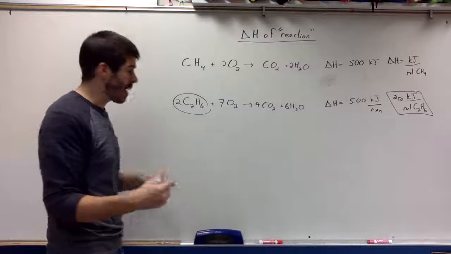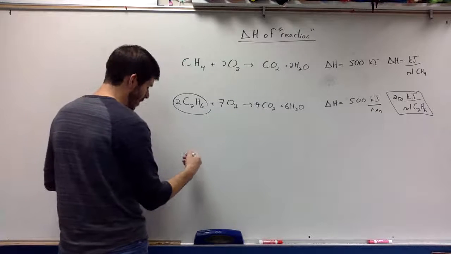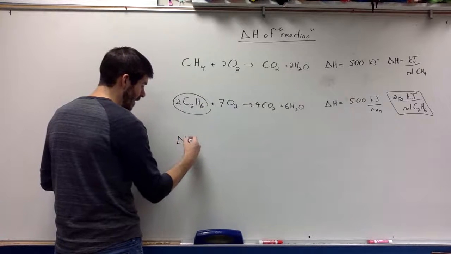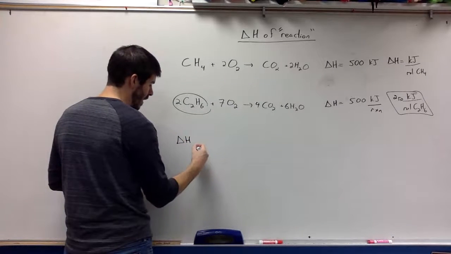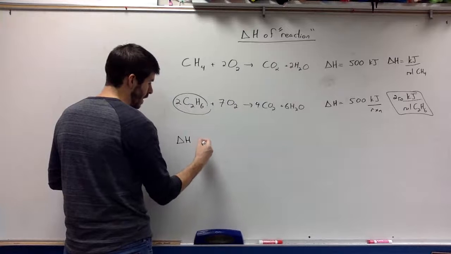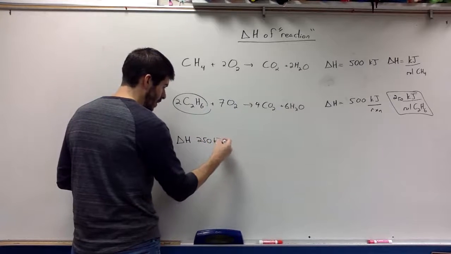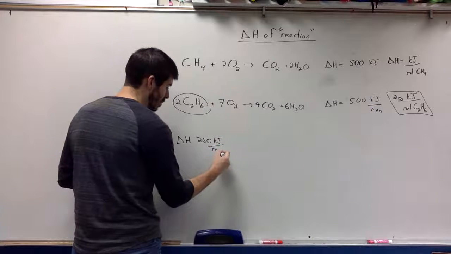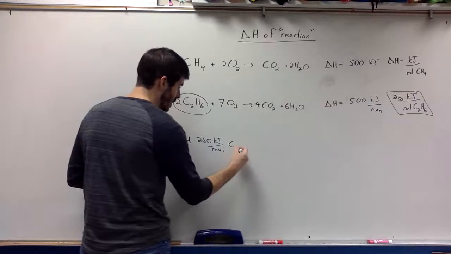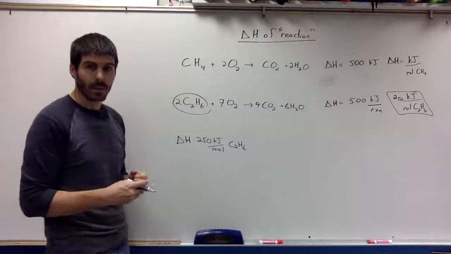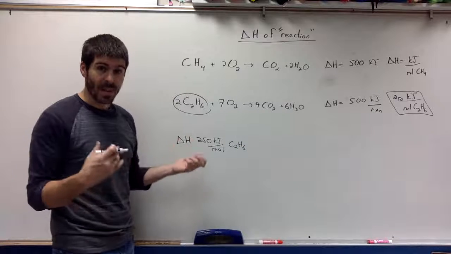And likewise, that can go backwards. Another way, if you were given that the enthalpy is 250 kilojoules, and they tell you that that's per mole of C2H6, what's the enthalpy of the reaction?